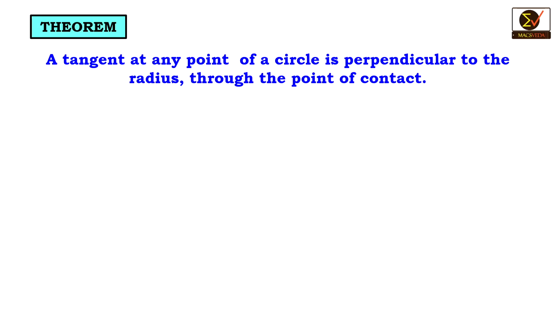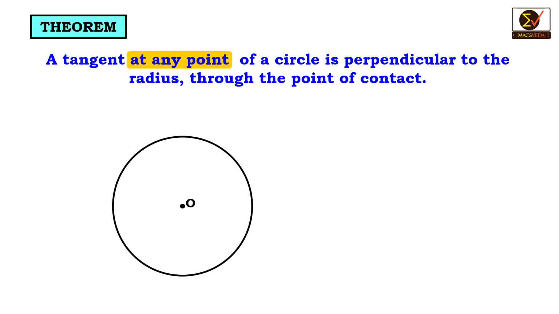Let us consider the following theorem. A tangent at any point of a circle is perpendicular to the radius through the point of contact. Consider the circle. Let us take a point A on the circle.